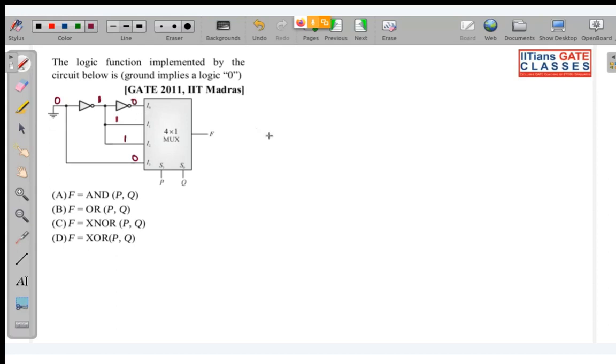So look again. This is basically what? 0, 1, 1, 0. Now the trick is, look at this and tell me the 0, 1, 1, 0 corresponds to which truth table or to which logic gate do we get such kind of output.